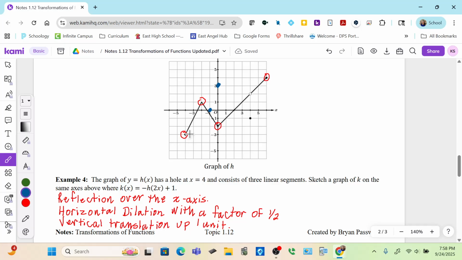For the point at -4, -3, if I reflect it, it's at -4, +3. Multiply the -4 by 1/2. That takes me to -2. And then I move up 1 unit.